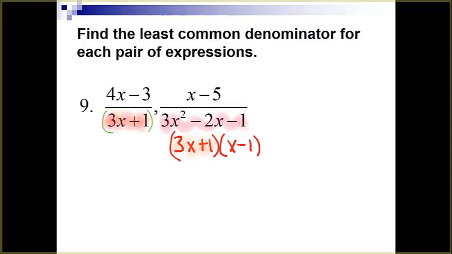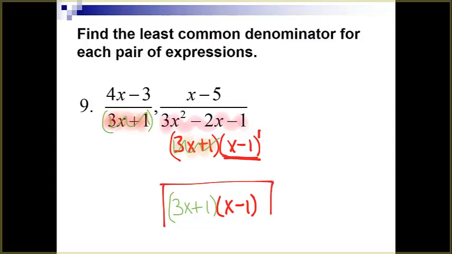The highest exponent that I see of each one of those is just to the first power, so it's 3x plus 1. So that's one part. We can cross it off as we go if it helps you, just to find the denominators. And then after that, the x minus 1 here does not have a partner. Don't think of it in terms of a partner, but another part that you look at, because it just comes along for the ride. So the common denominator here would be 3x plus 1 and x minus 1.